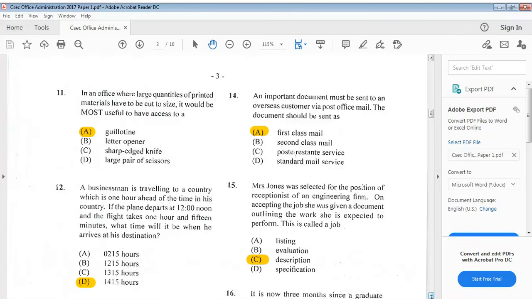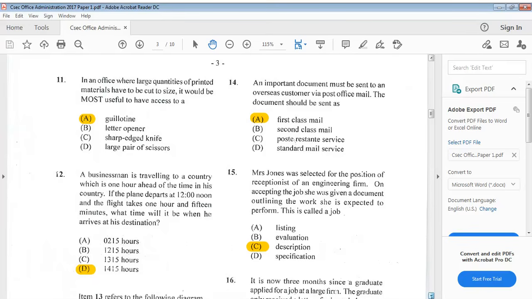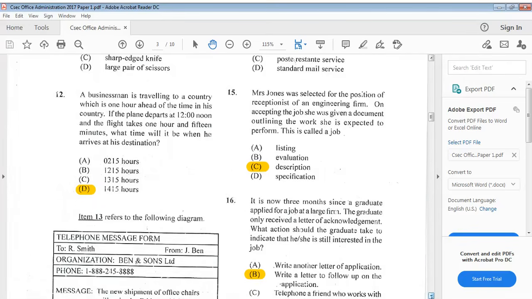B. 12:15 hours. C. 13:15 hours. Or D. 14:15 hours. We know it would be D. 14:15 hours. Let's move on to question number 13.